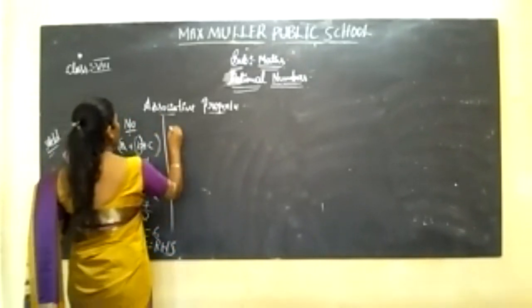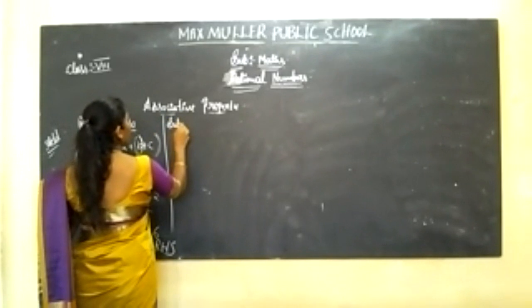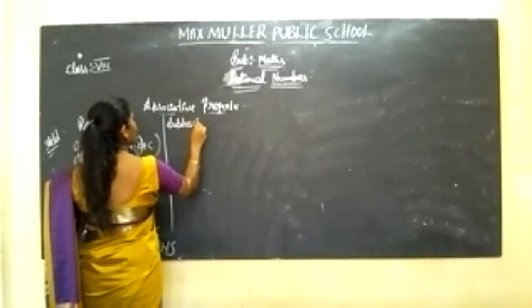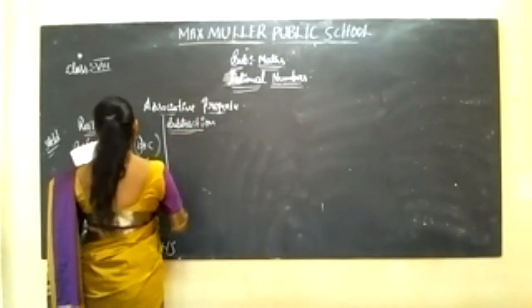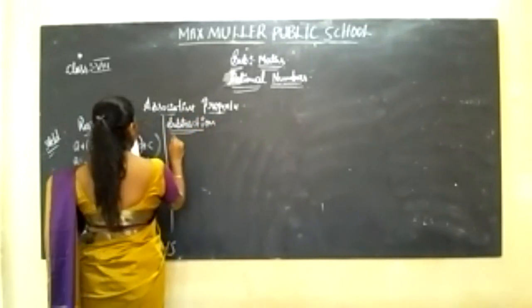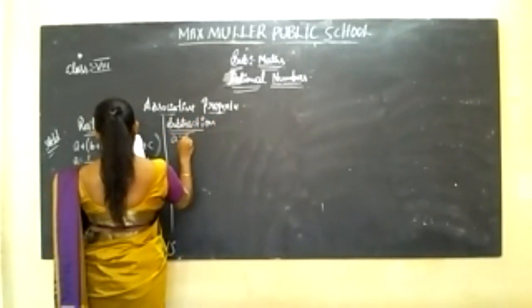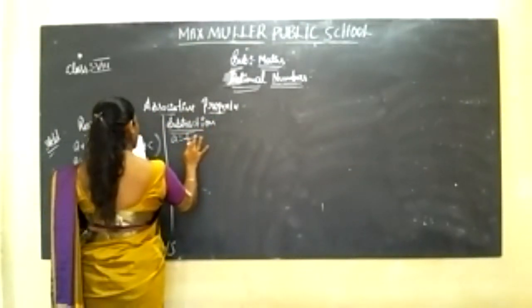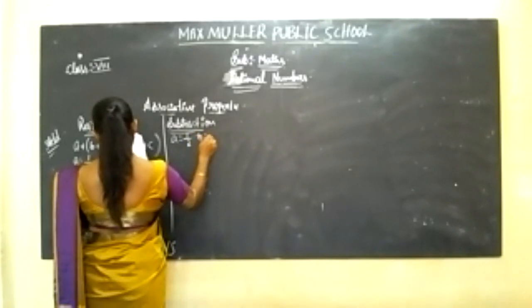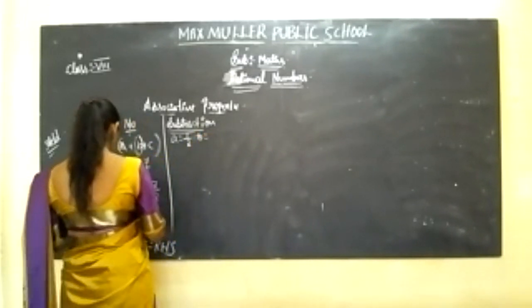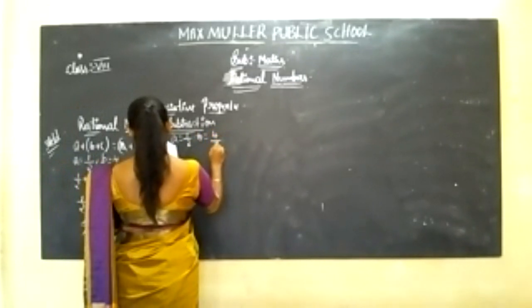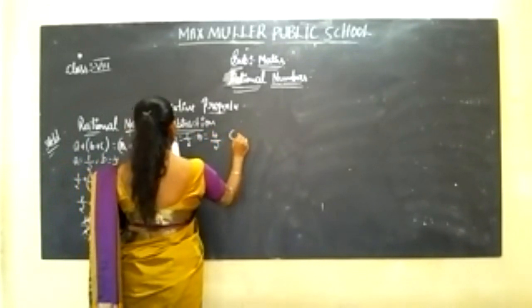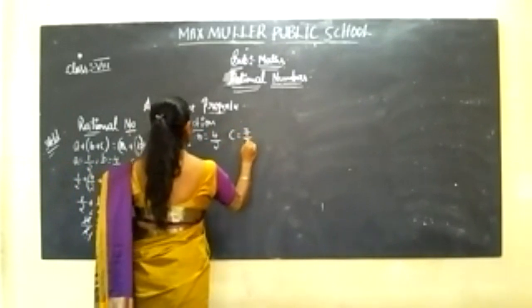Okay. Now coming to subtraction. We'll check whether the rational numbers satisfy it for subtraction. See, you take a is equal to 1 by 2, b is equal to 4 by 2, c is equal to 7 by 2.